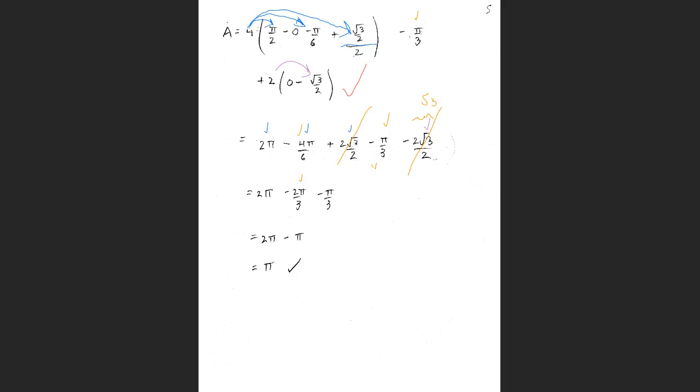Negative 2 pi over 3 minus pi over 3 is negative pi. 2 pi minus pi is pi. And that's the exact area. And that's what WebAssign is going to want.